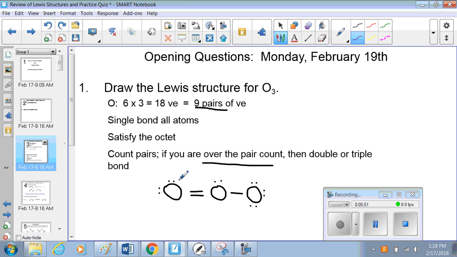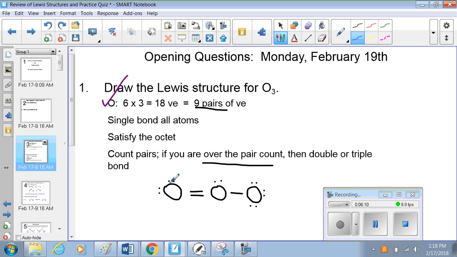So let's double check. I'm going to do my pair count first: 1, 2, 3, 4, 5, 6, 7, 8, 9. 9 pairs. Got it. Now I'm going to check my octets.